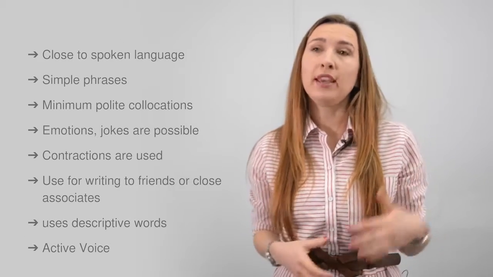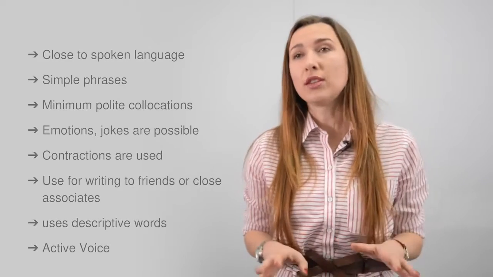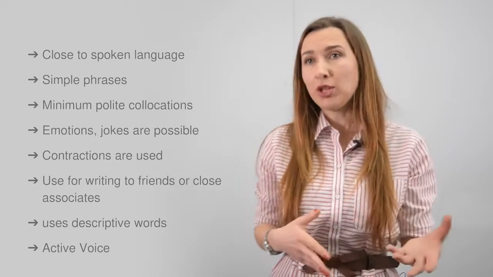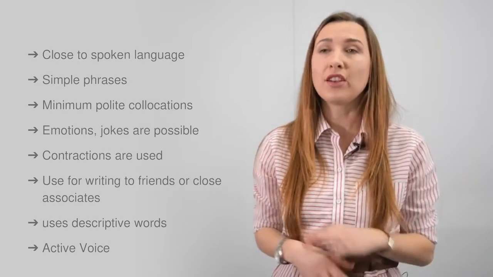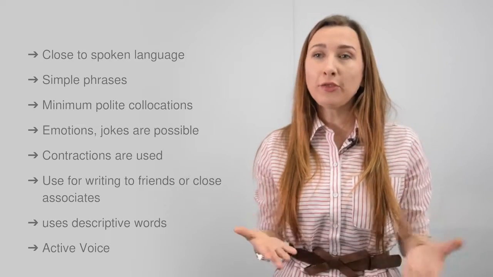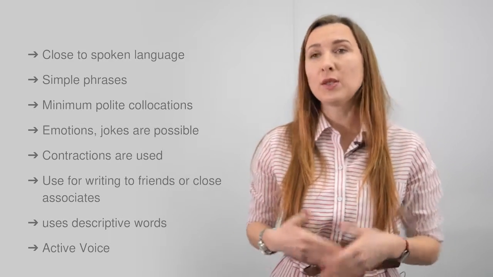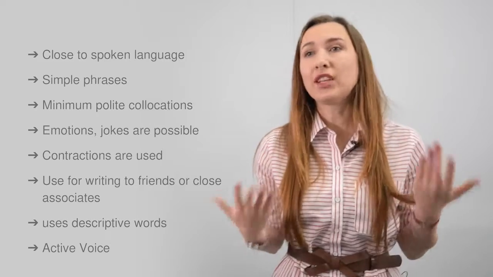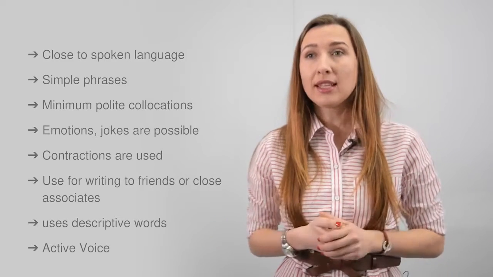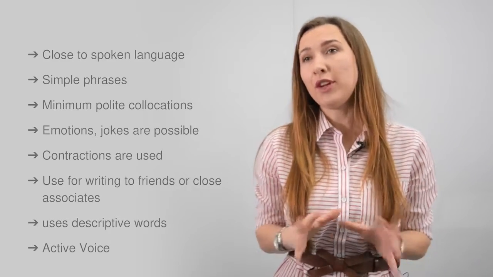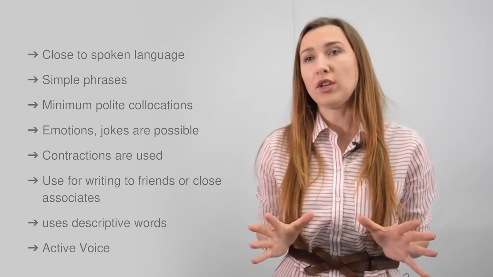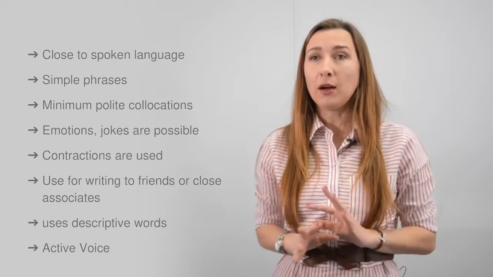For example, if we take formal style, emotions are not acceptable here, like exclamation marks or emoticons. In informal emails, you can use smiley faces. It can be just like chatting to people. And the grammar should be very simple. You use simple structures. You don't worry about impressing people with your turns of speech.